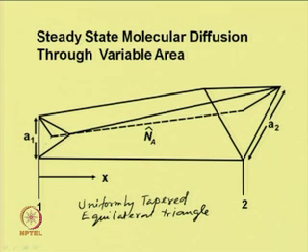The length of the side of the triangle is A1 at point 1 and A2 at point 2.